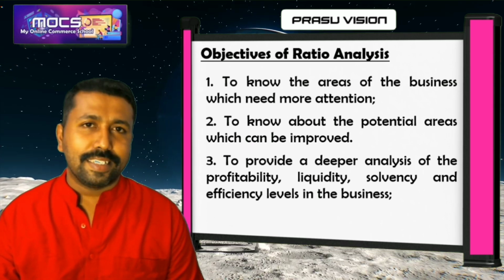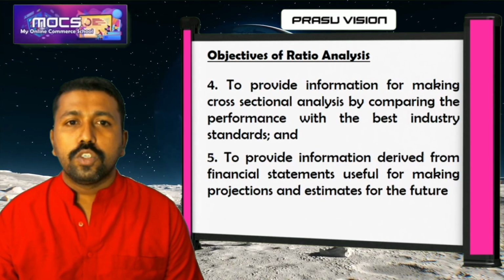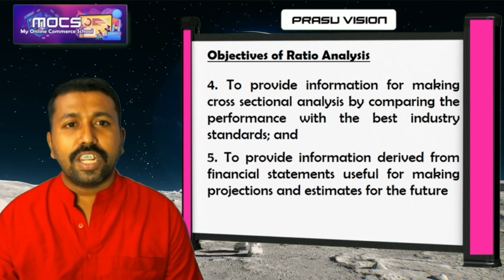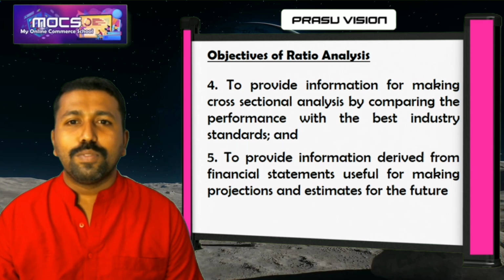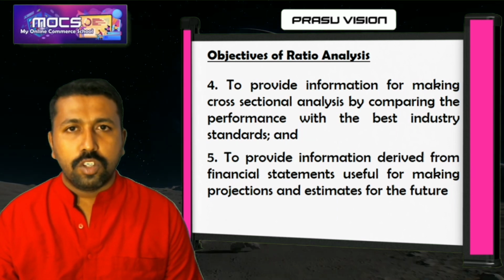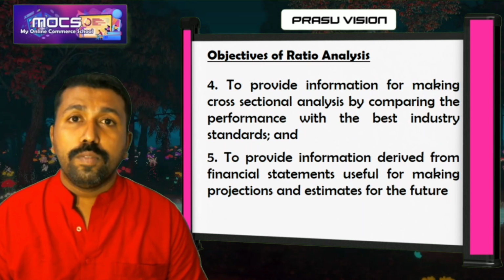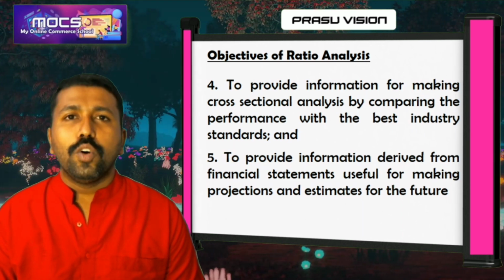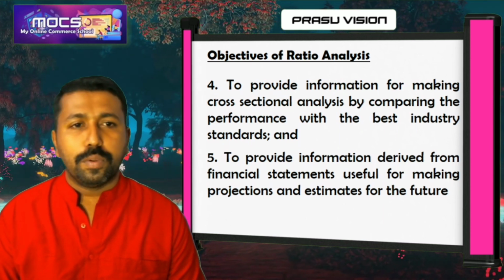of the organization. And yet another objective is to provide information for making cross-sectional analysis by comparing the performance with the best industrial standards. We can compare our organization's performance with current year and the previous year, or we can compare the performance with other firms also.